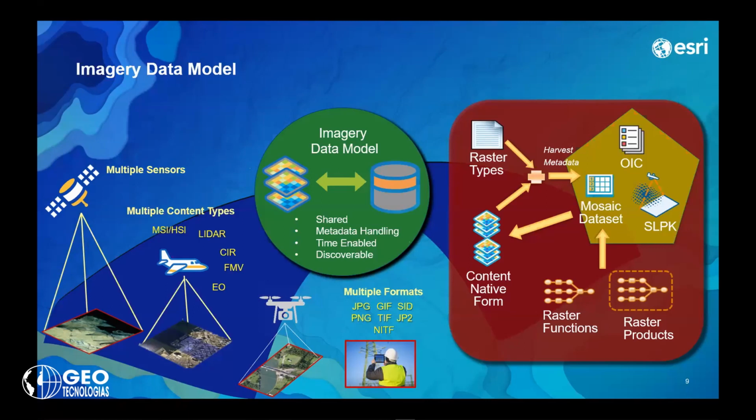So it no longer requires that you explicitly create a product in order to serve it. We've built the capability directly into the image server to allow you to create some of these products on the fly, therefore making it easy to maintain, easy to keep up to date, and easy to process. So this is the ArcGIS image model, and this is what's underlying the workflows that I'm going to demonstrate to you here in a few minutes.